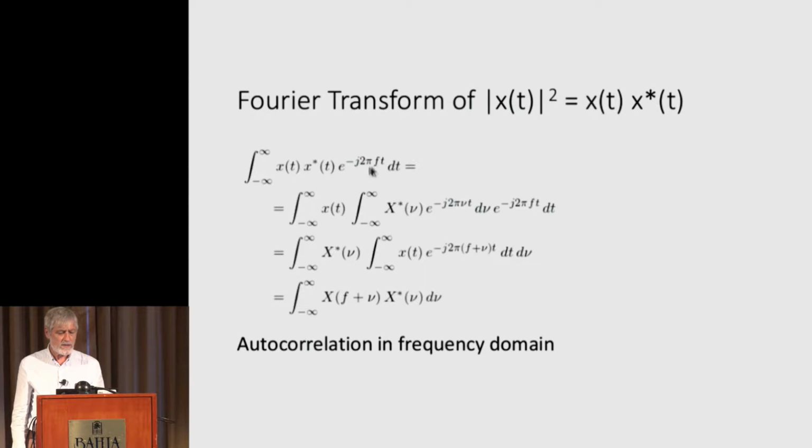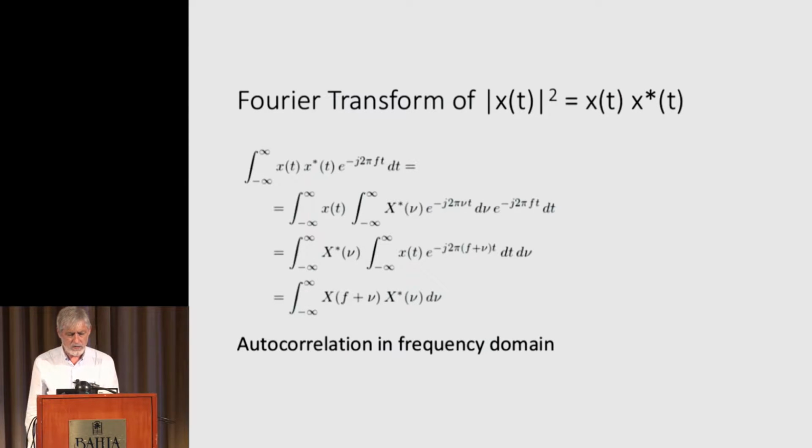You take the Fourier transform of the right-hand side first, and then you combine that with some of the stuff that you get on the left-hand side, exchange the order of the integration, and you find that magnitude squared in the time domain corresponds to autocorrelation in the frequency domain.